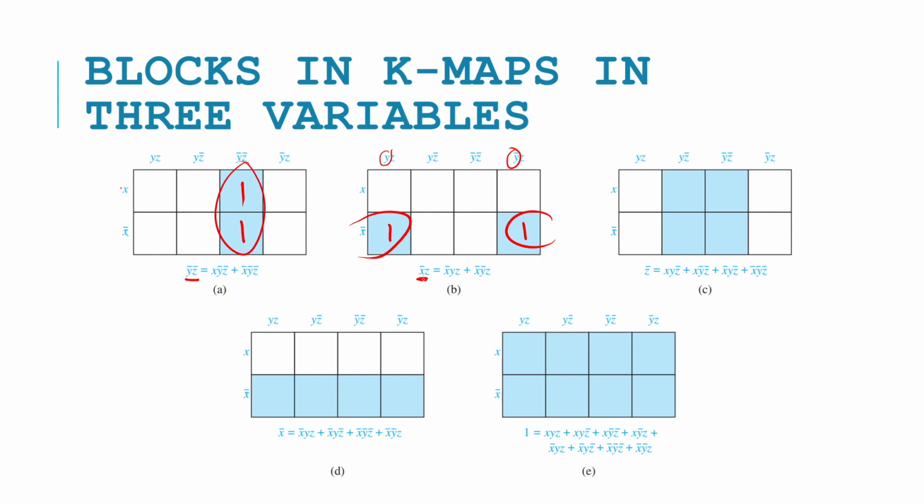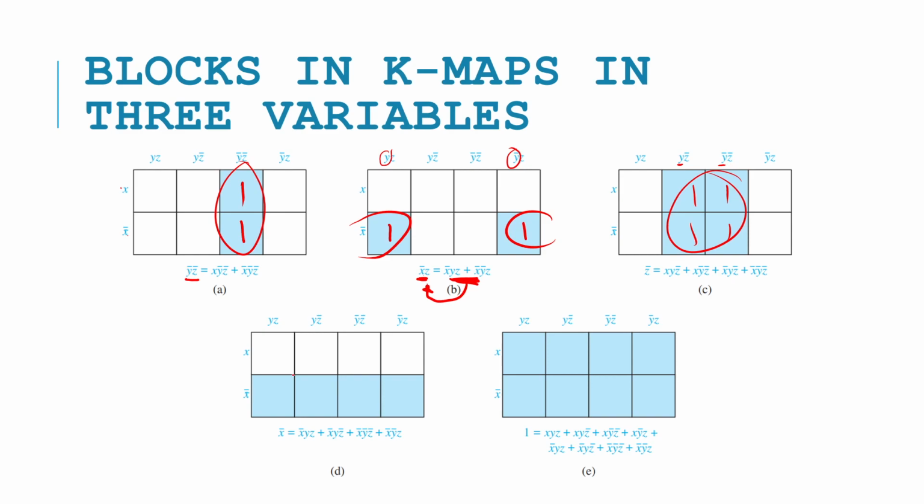That's why this expansion here is represented by this simplification. The same thing goes if we have this block of ones here. You would have the complement of x, so we could do away with the literal x, and we could also do away with the literal y, because we have y and y complement in this block of 1, and we are left only with the z prime literal.